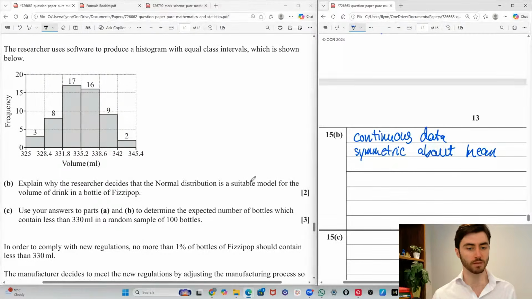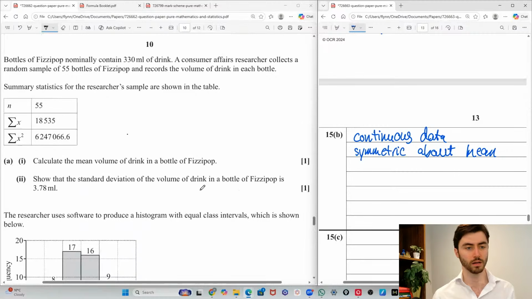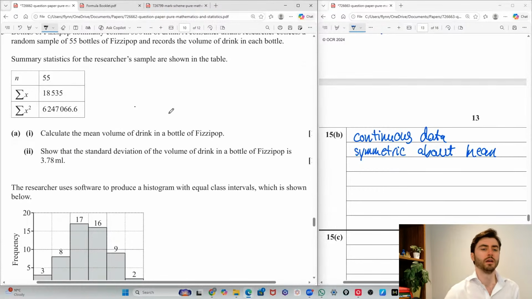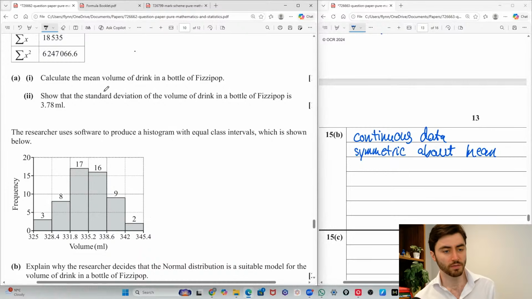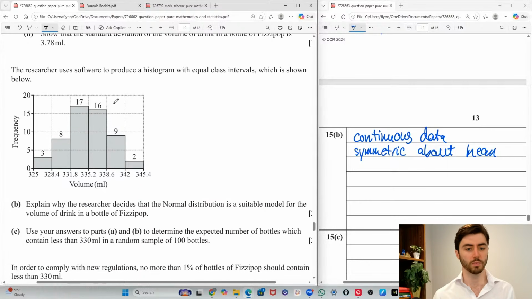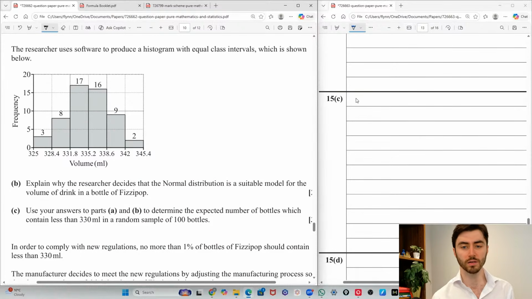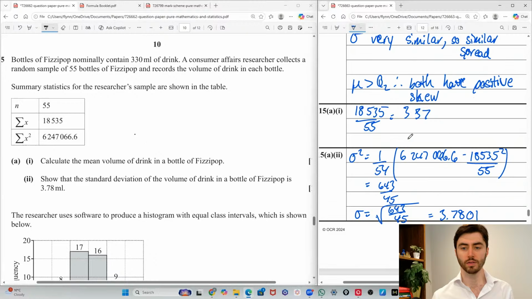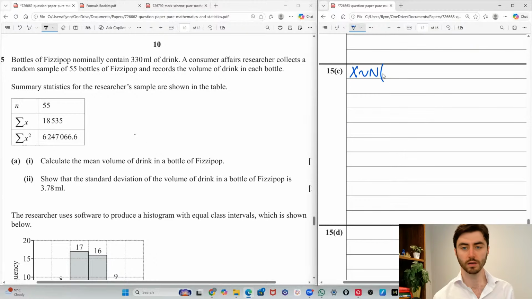Determine the expected number of bottles which contain less than 330. Okay, so what are we getting on here? We have the mean, we have the standard deviation, and we have a normal distribution. So let's say X is distributed normally with a mean of 337 and a standard deviation of 3.78.